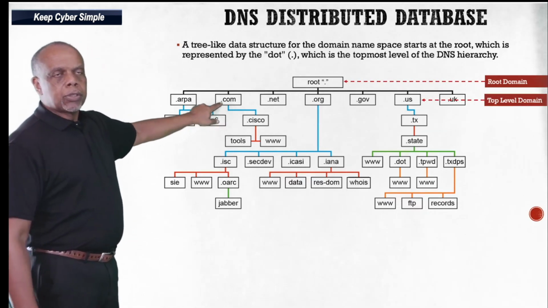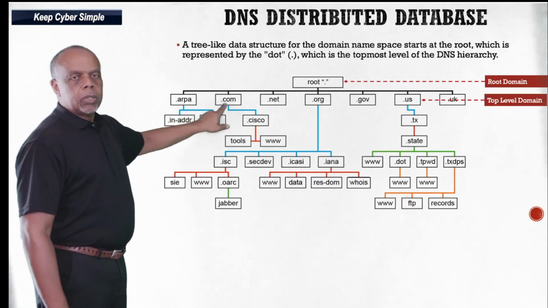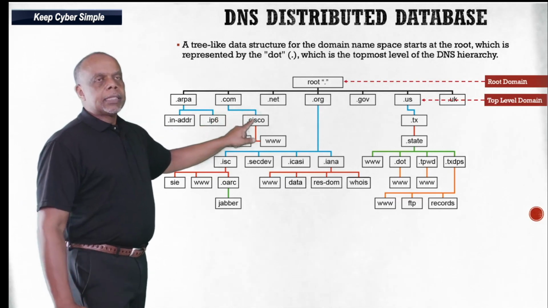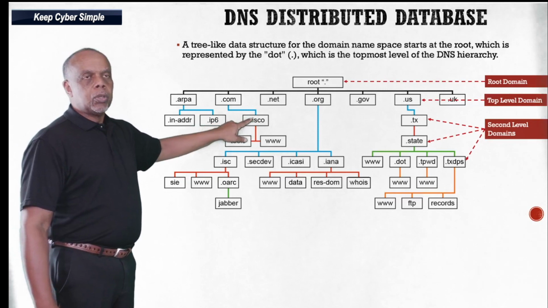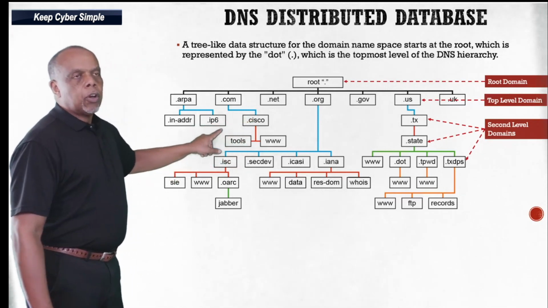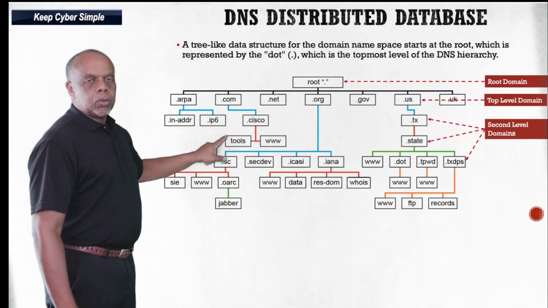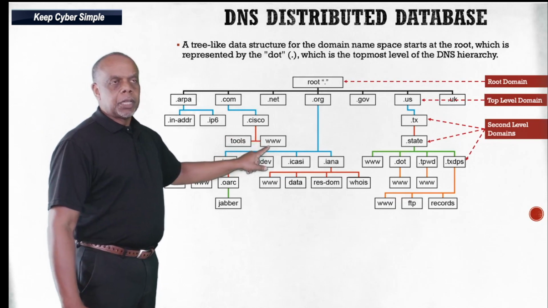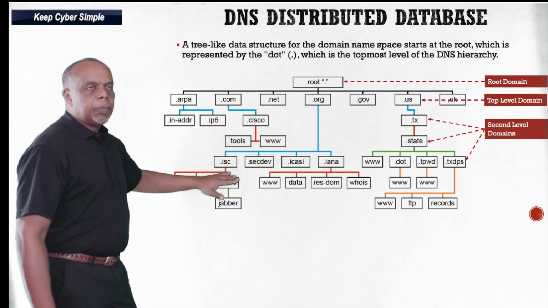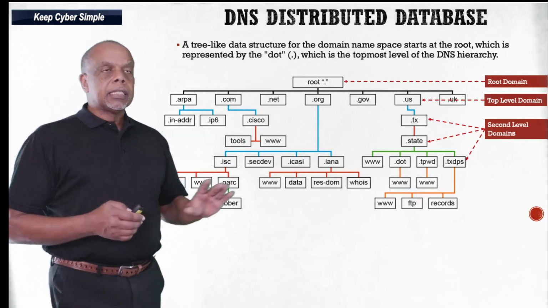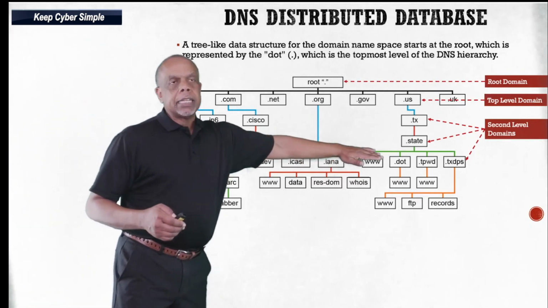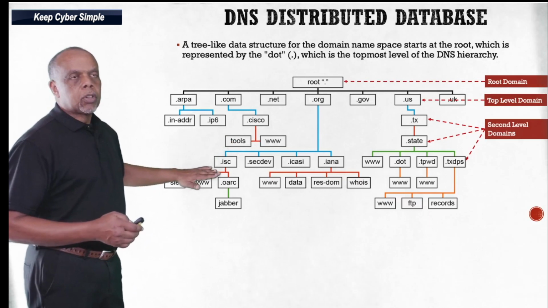The top level domain servers go, Cisco, yes, we know Cisco, and it sends me to Cisco. Then when I get to Cisco, it gets me to second level domains. Do you want to go to our tools site? Do you want our website, the www? And it can just keep indenting down farther and farther. So that is how the second level domain name servers work.